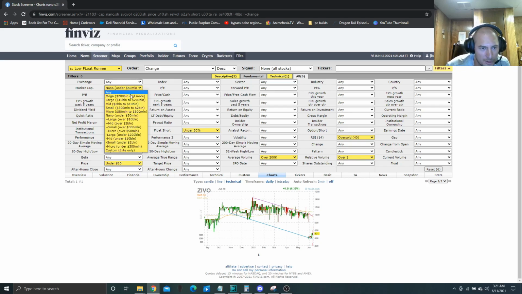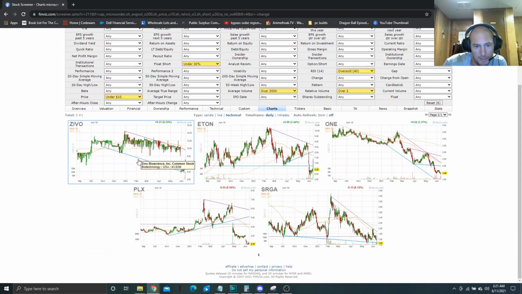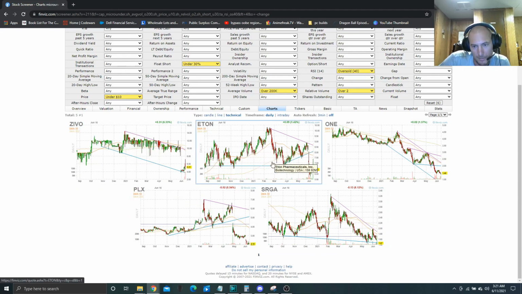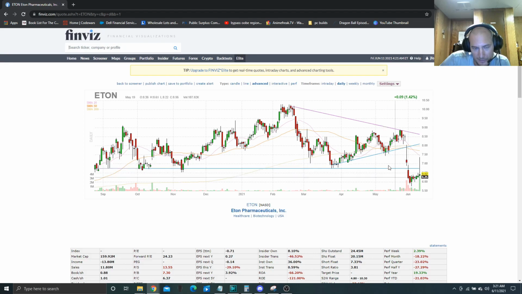And of course you can use micro caps as well for this, and you'll get a couple more. So these are very, very low float stocks that could possibly make some very large movements. Like as you see here, it's a very volatile stock.